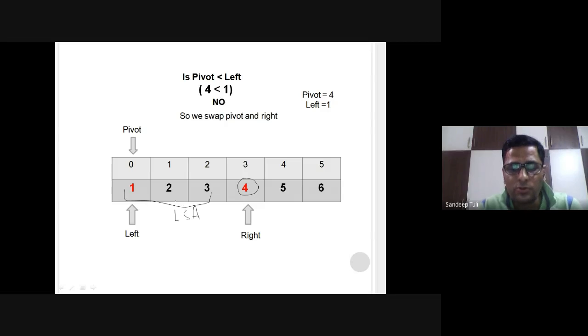How? Now apply the logic again from the start. Once I have swapped 1 and 4, I have got this. Now from where do we start? From left.